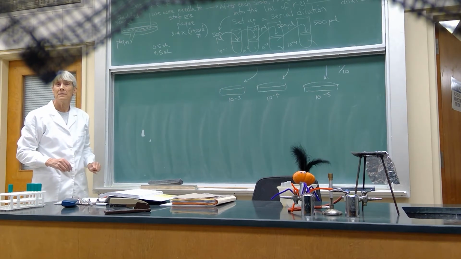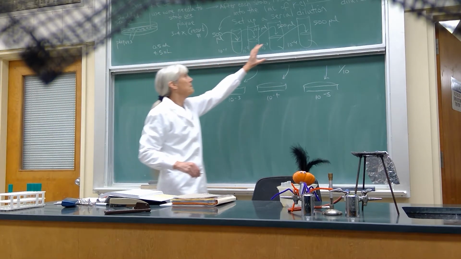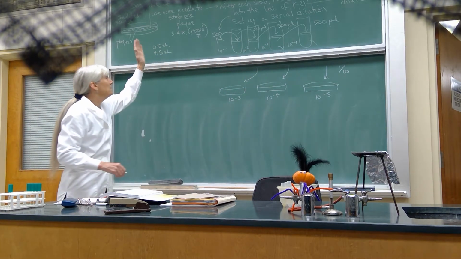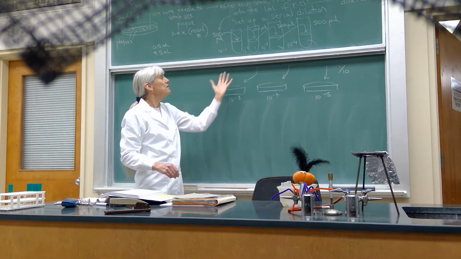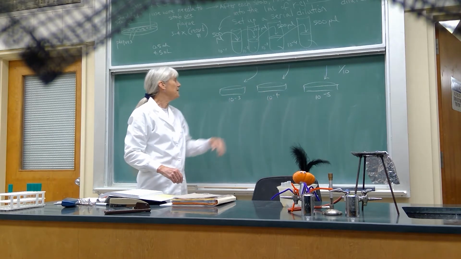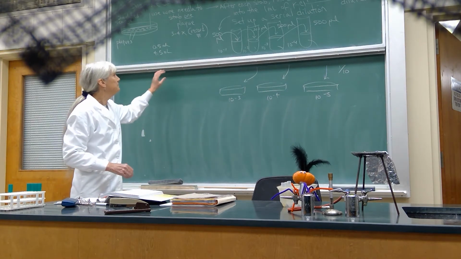Make sense? So the first thing you have to do is set up your serial dilution. First thing you have to do is stab your plaques. Record your number of stabs, then set up the serial dilution. Then make sure your plates are labeled 10 to the minus 3, 4, 5, as shown on page 243.